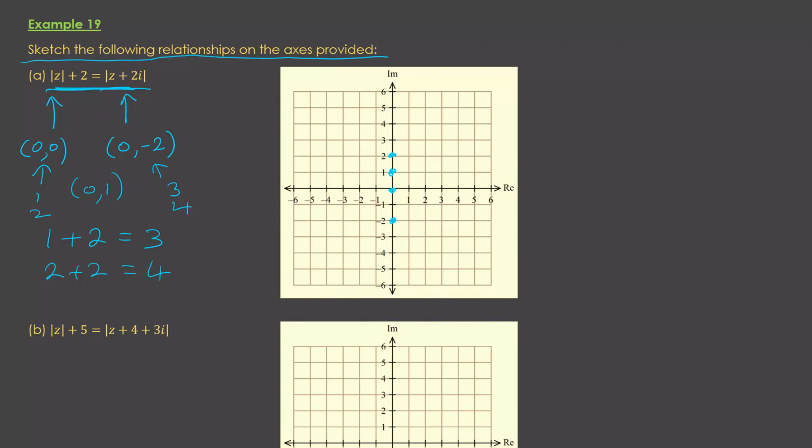It doesn't take long to figure out that it is all of the points going straight up the imaginary axis from the origin, and includes the origin because the origin itself is at a 0 distance from the origin, at a distance 2 from 0, negative 2, and 0 plus 2 is equal to 2. So the origin is included.